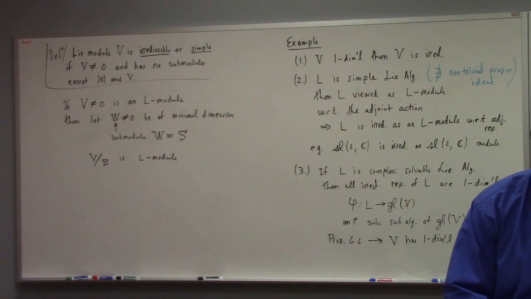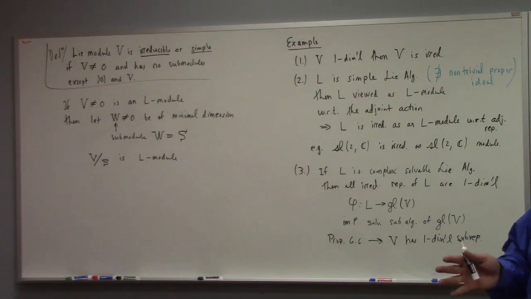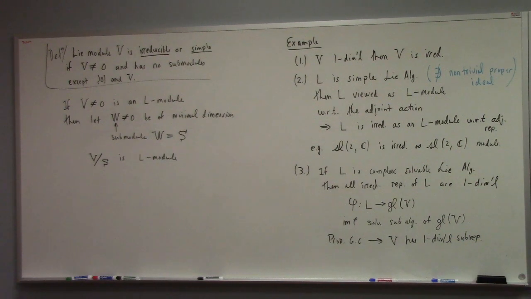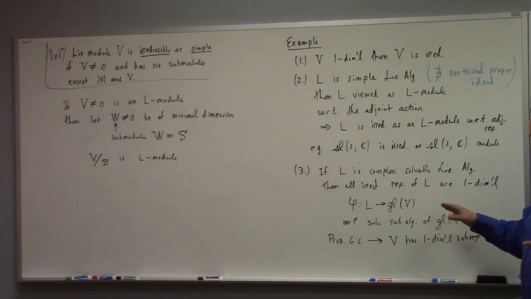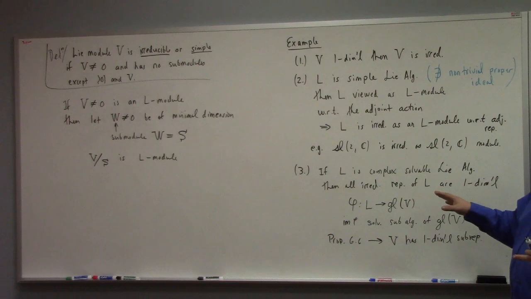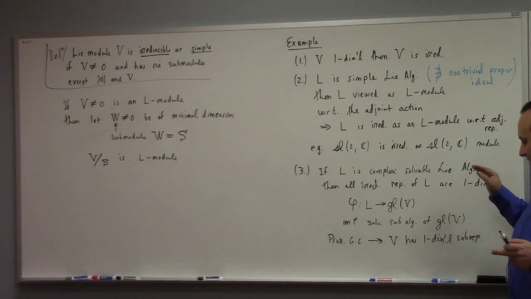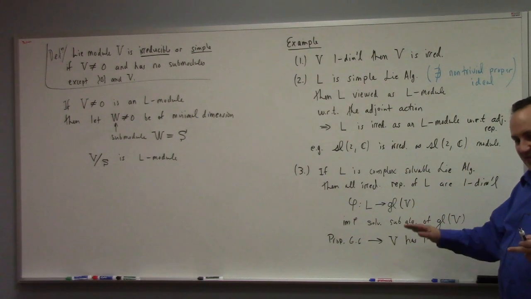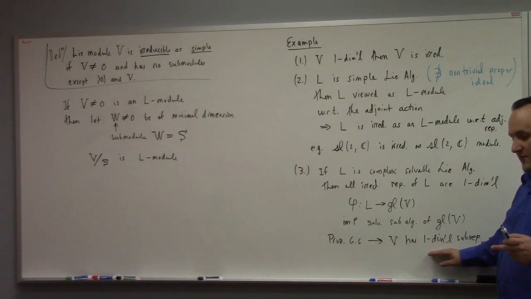If you think about what's going on here, it becomes obvious, because what the earlier example said is that any representation of a complex solvable Lie algebra has a one-dimensional sub-representation.